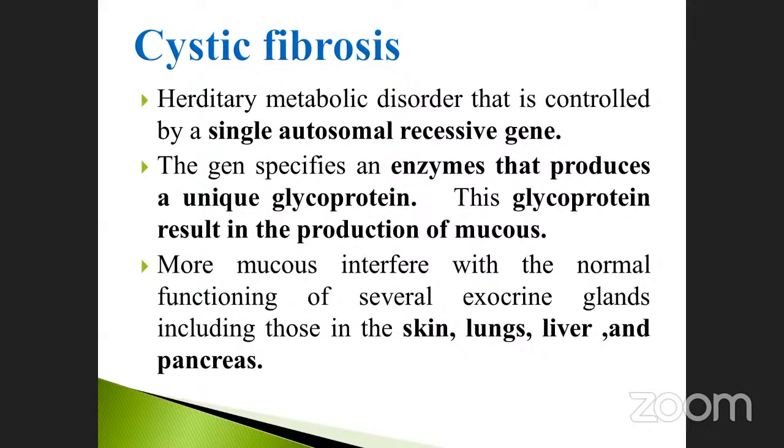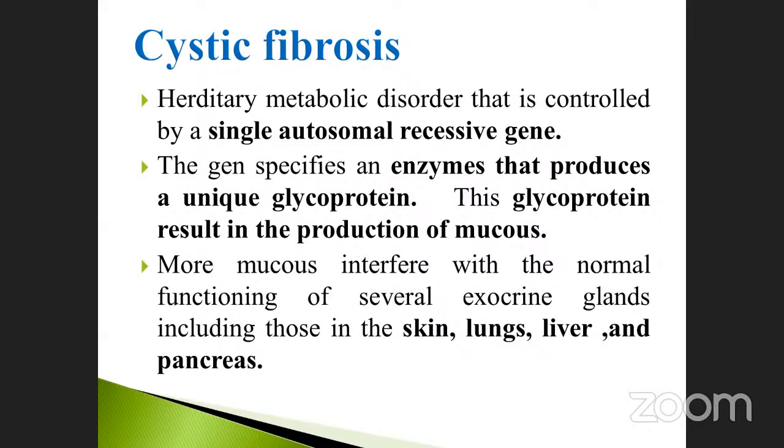As a result, the mucus interferes with the normal functioning of the several exocrine glands, including those in the skin, lungs, liver, and pancreas. These are exocrine glands; some of the endocrine glands are also affected.